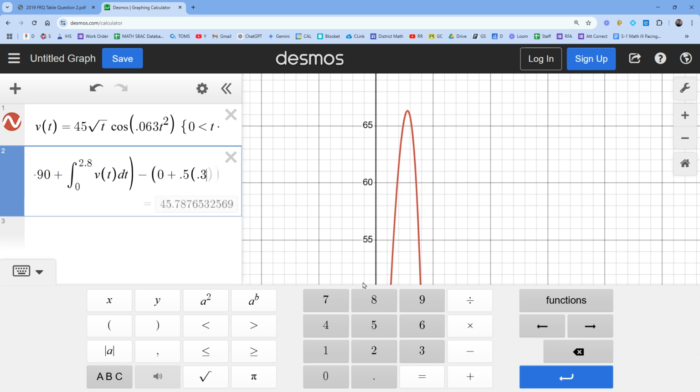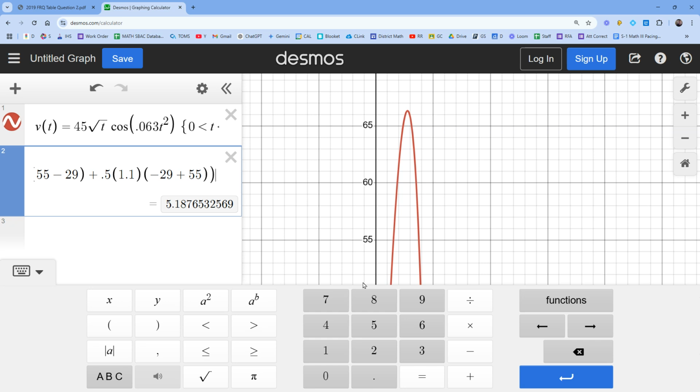And then 0.3, 55, plus 0.5, 1.4, 55 take away 29. There it is. One more plus 0.5. Again, I'm just copying part B. 1.1, negative 29 plus 55.